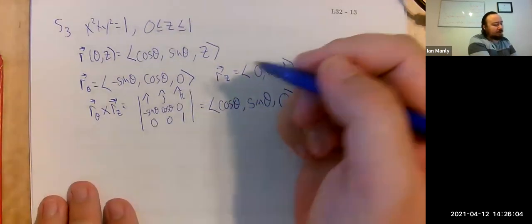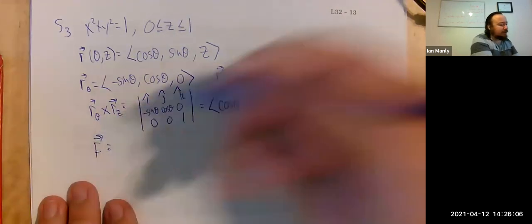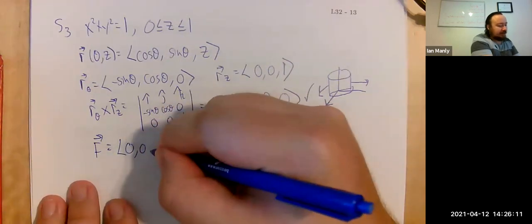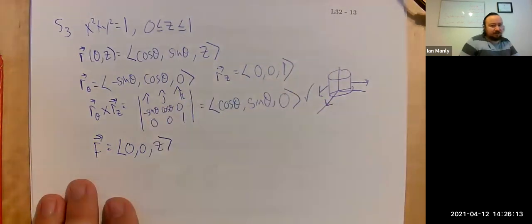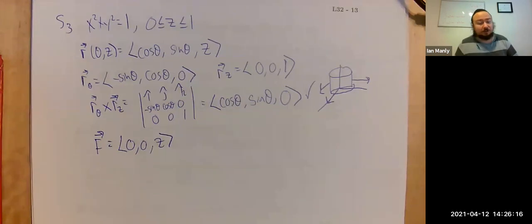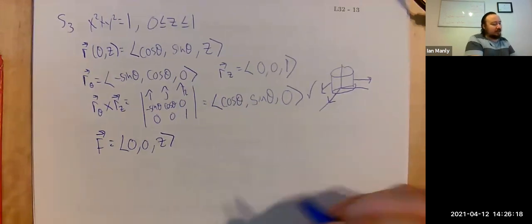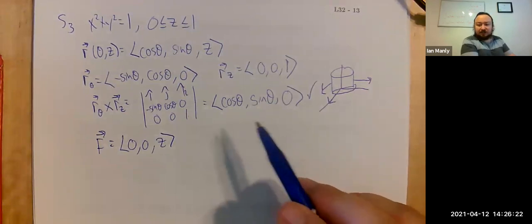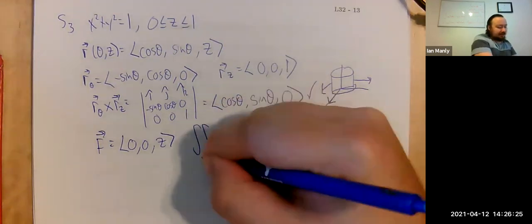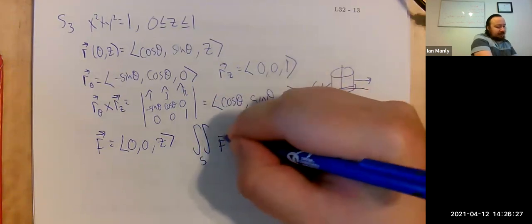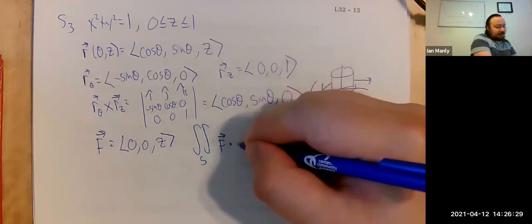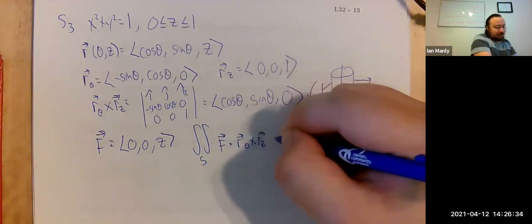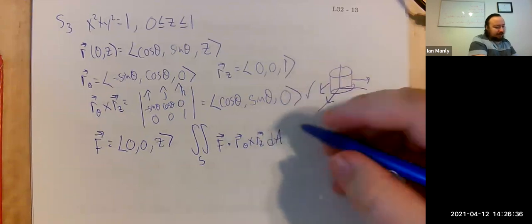And now our force field F, I keep calling it a force field, it's just a general vector field. I don't even think it's a force in this context. F is 0, 0, z, and we can just keep it as z because we've parameterized it that way. Now we have everything ready to assemble our surface integral: F dot r theta cross r z, which is our normal vector, dS.